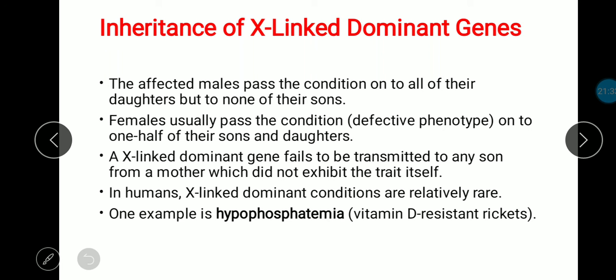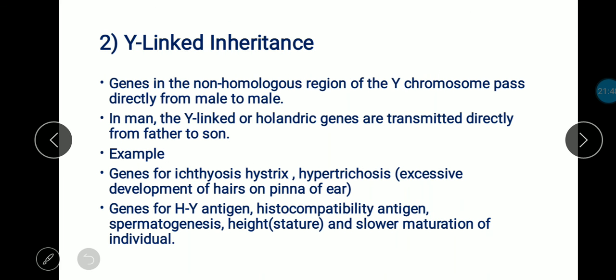One example is hypophosphatemia, vitamin D resistant rickets. These are the X-linked dominant genes. The next part is Y-linked inheritance. We will see this in the next video.